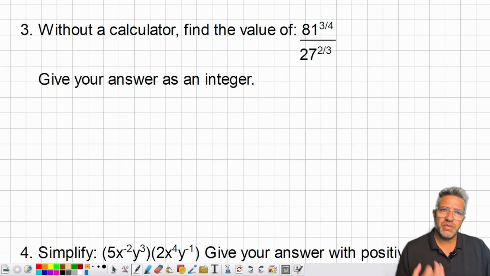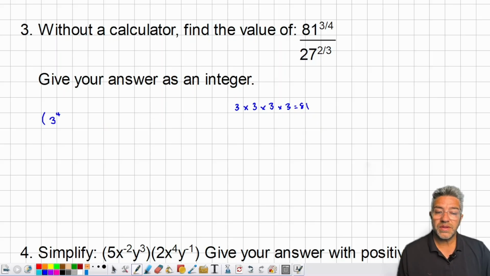However, I need to show you a more foolproof method. 81 is a power of 3. 27 is a power of 3. So this could actually have been written as 3 to the power 4. I'll just do some working out to the side here. 3 times 3 is 9, times 3 is 27, times 3 is 81.